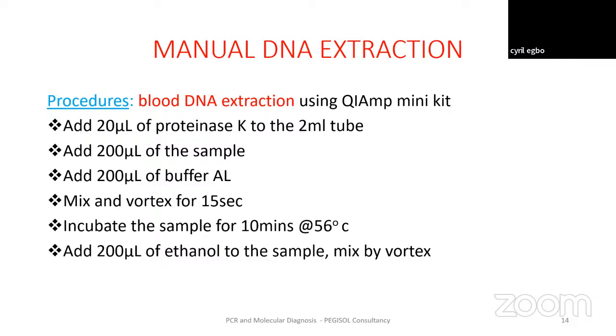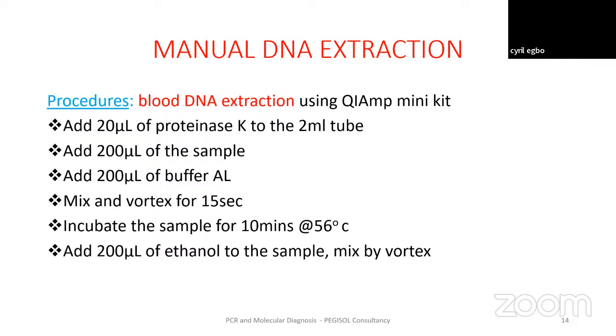Then you add your sample. If you are using a blood sample, you add 200 microliters of either buffy coat or plasma, because it is advisable to use plasma or buffy coat for a high yield of DNA or RNA, as the case may be.